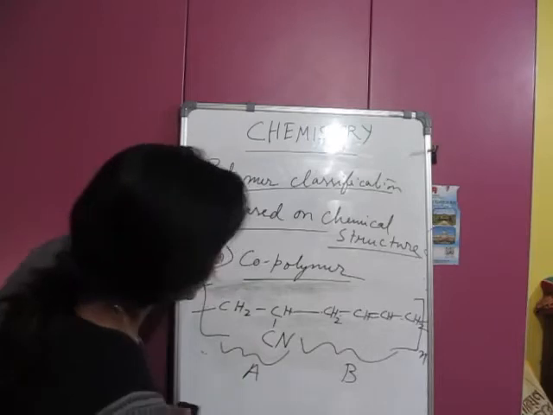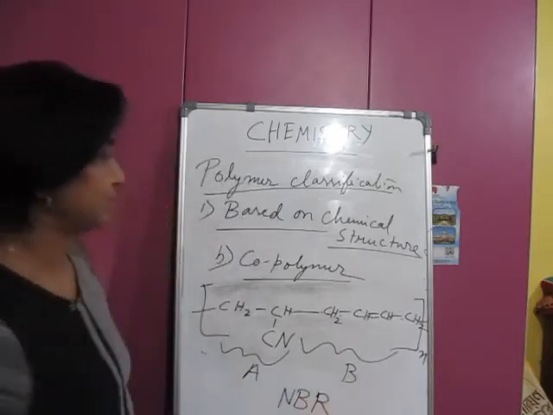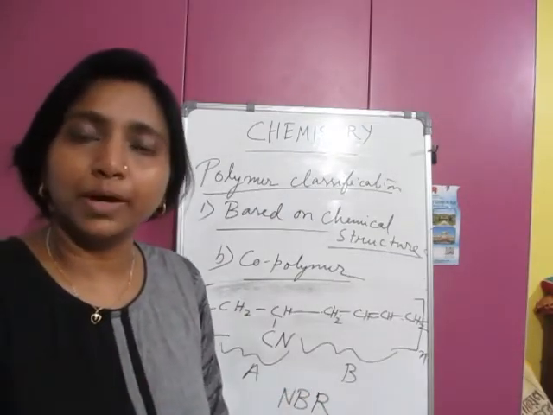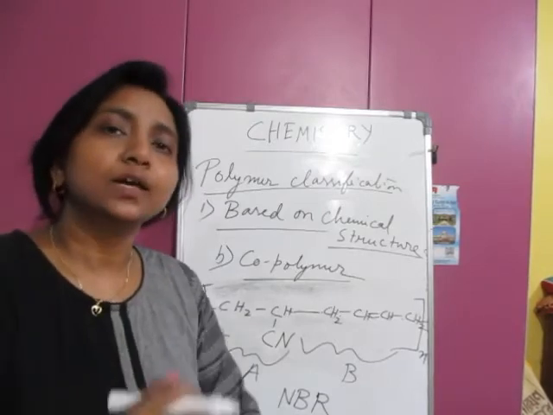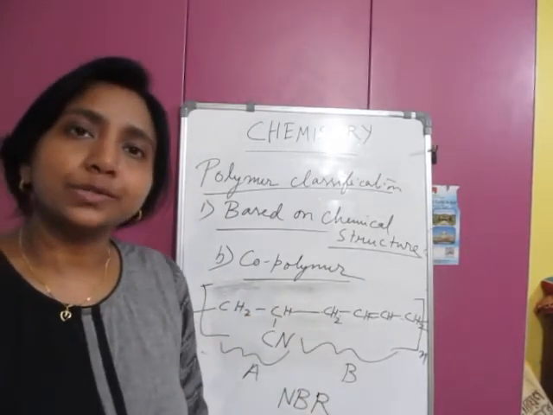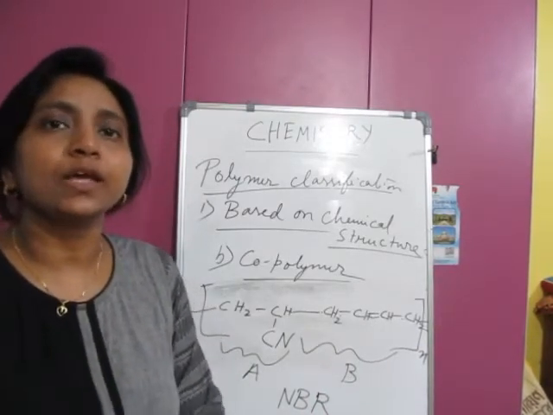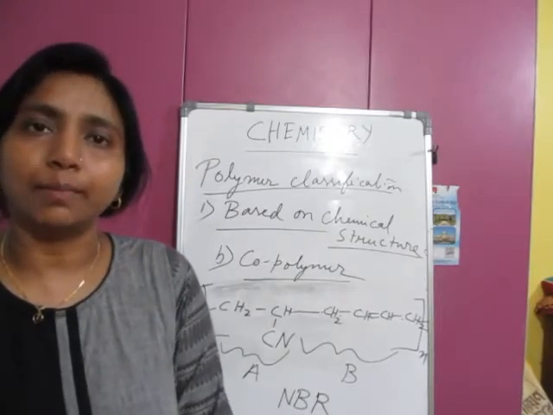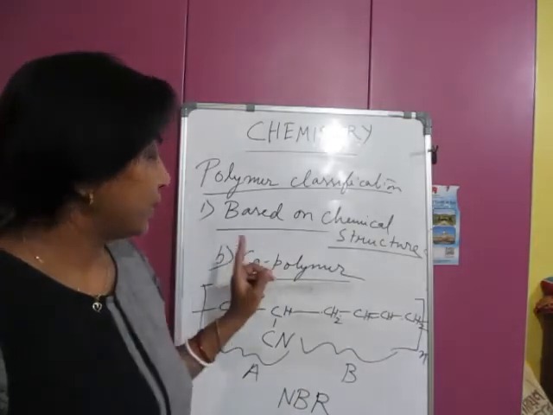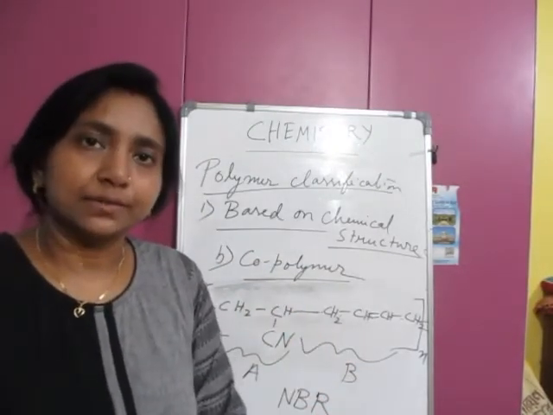Then this is the structure of NBR. So you have learned very well what is the homopolymer and what is the copolymer along with example and also their structure. If it is asked to distinguish between homopolymer and copolymer, you have to give the definition along with example and structure.